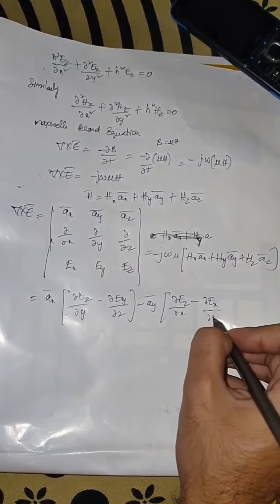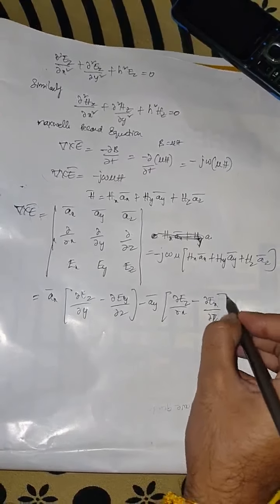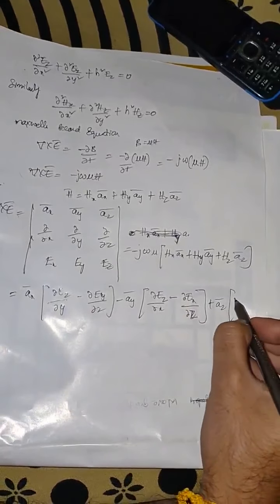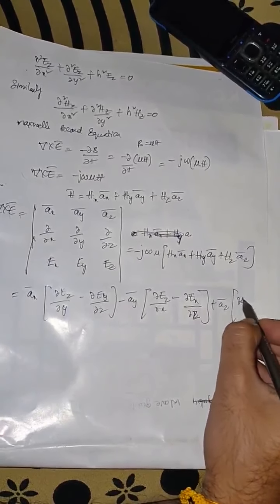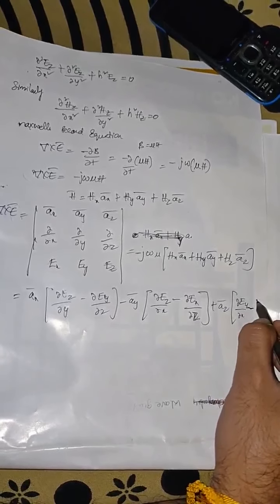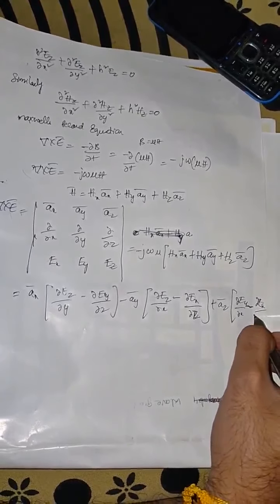Plus az, if you take az, then you will get ∂Ey/∂x minus ∂Ex/∂y.